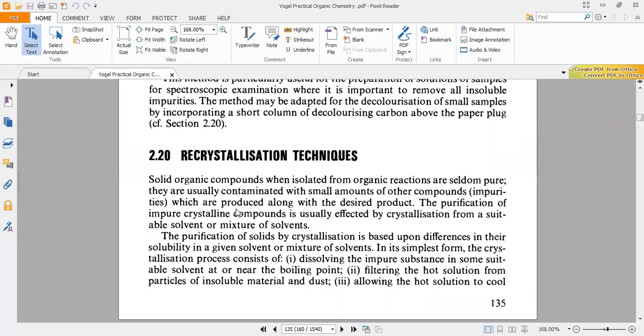Some solids don't have a regular arrangement of atoms, molecules or ions. Such solids are not called crystals, they are called amorphous. For example, if I quote ceramics, these are very similar to this.